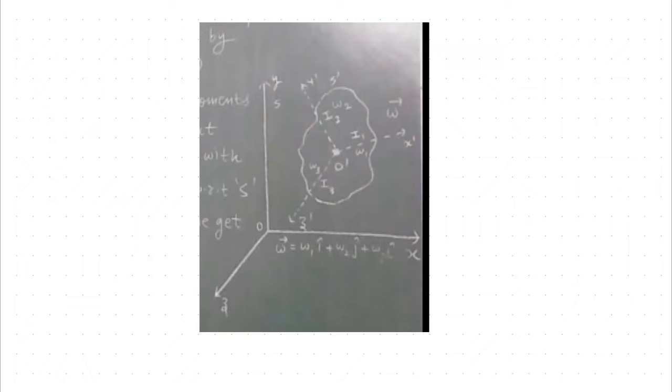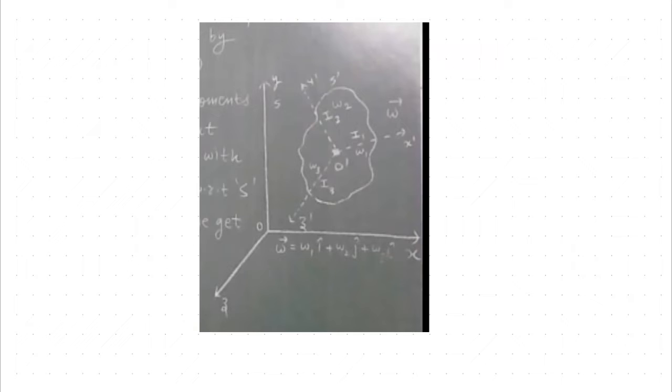I have already told you what a principal axis is in the last lecture. This body has its principal axes, which I have named x dash, y dash, and z dash, the dotted lines. The rotation is happening with this frame of reference, S dash, x dash, y dash, z dash.